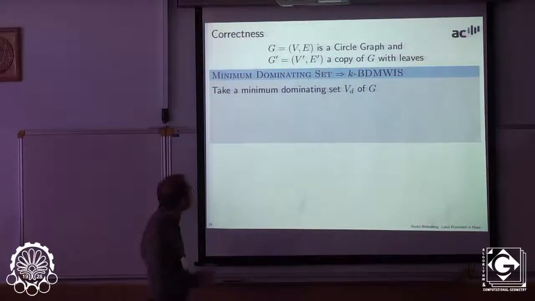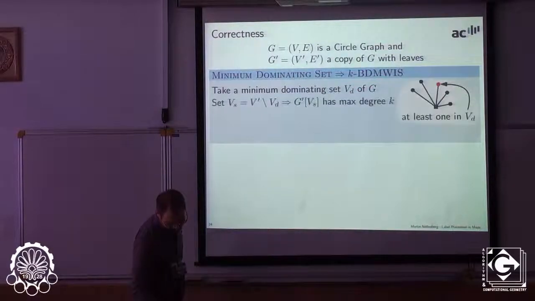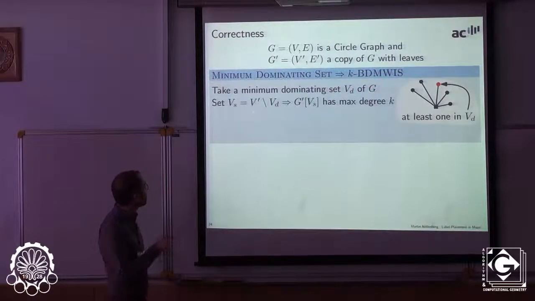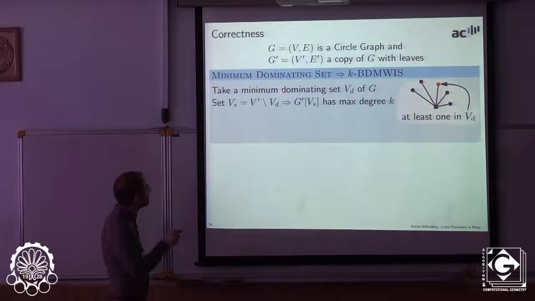So if we take a minimum dominating set VD of the initial graph G, then we can look at the complement of the vertices. So VS is the set of all vertices without this dominating set. And what we know is that the graph that is induced by that set has maximum degree K. Why is that? Well, it's a minimum dominating set.